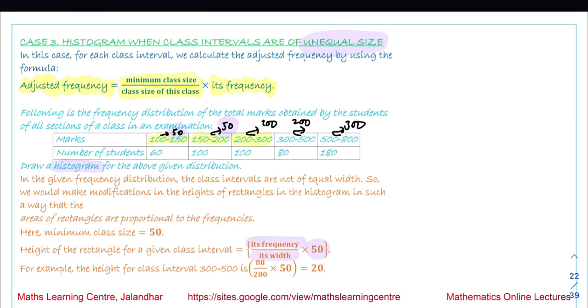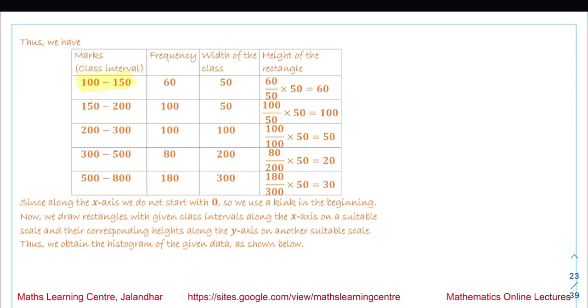If we talk about the first interval, 100 to 150, the width of the class is 50, and the formula we use is the frequency over the width of the class, into 50.